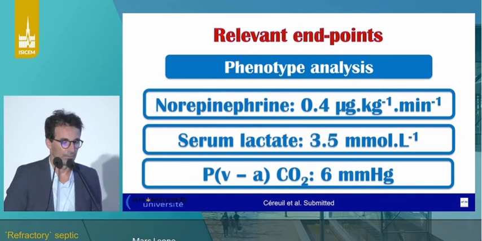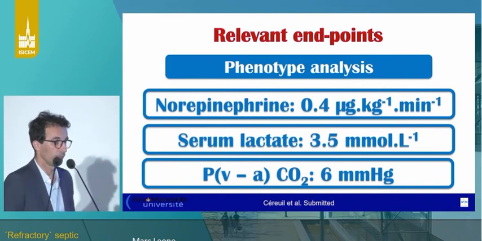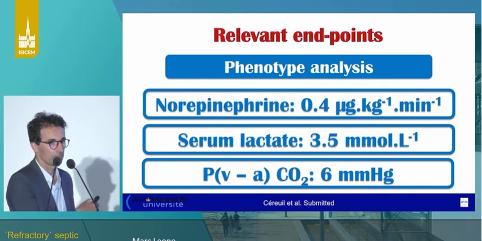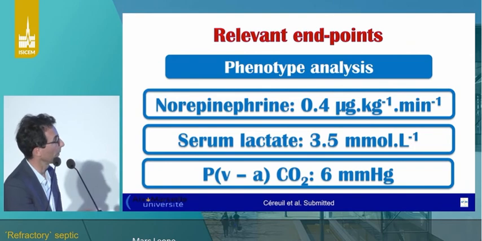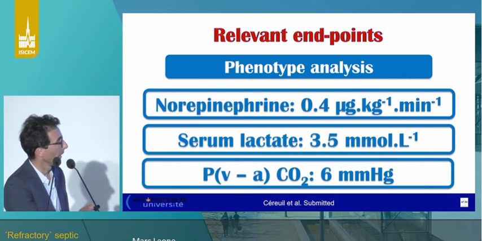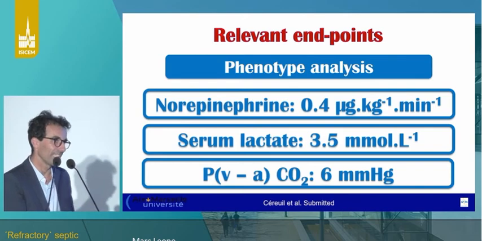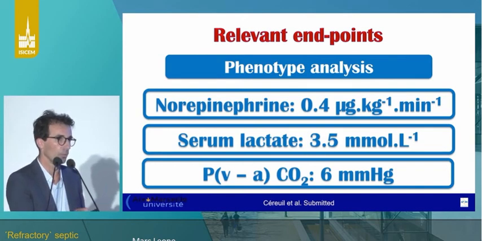So finally, to define refractory shock, we can say that a patient with norepinephrine above 0.4, serum lactate above 3.5, and PCO2 gap above 6 meets the criteria for refractory septic shock.